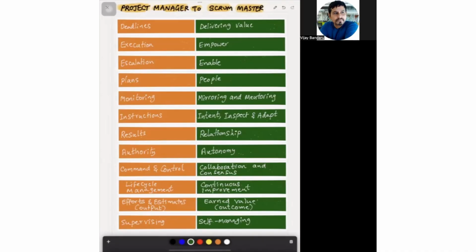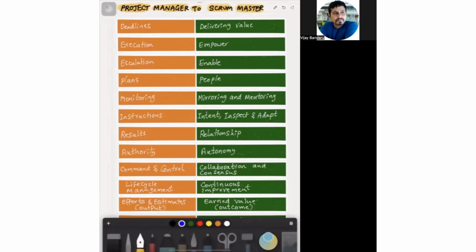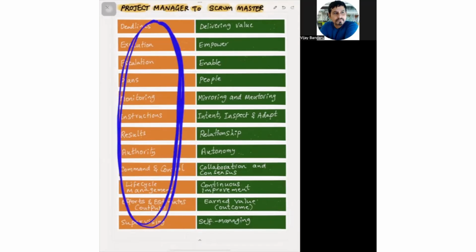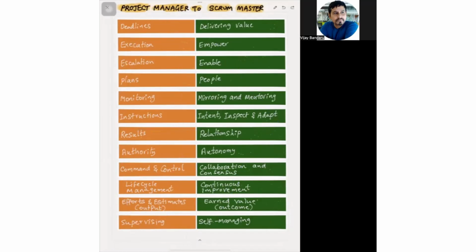Confidence means creating a psychological safety so that they can make the decisions, thereby building accountability for the consequences. So if any traditional project manager wants to be a great Scrum Master, then shifting the mindset from left side items to right side items will make them a great Scrum Master eventually. It will take some time, but definitely you can become a great Scrum Master.